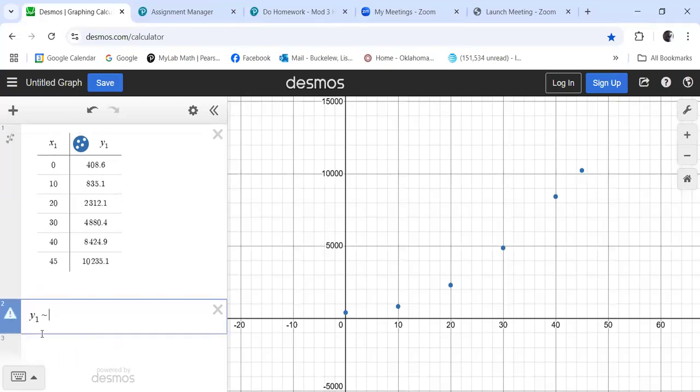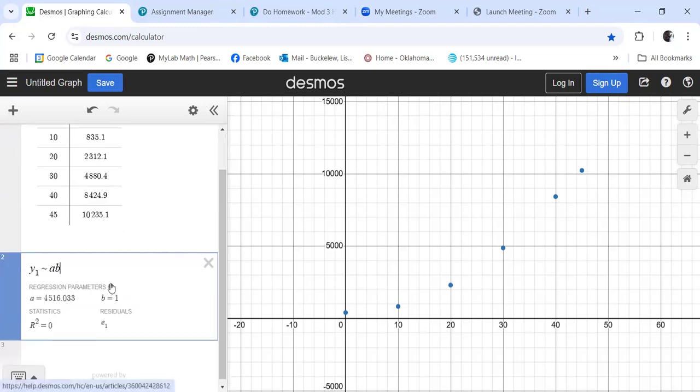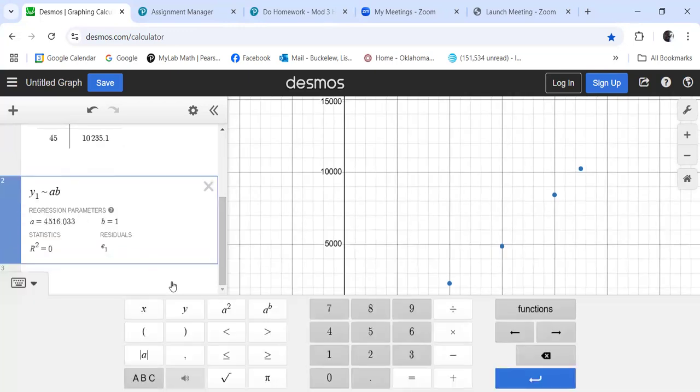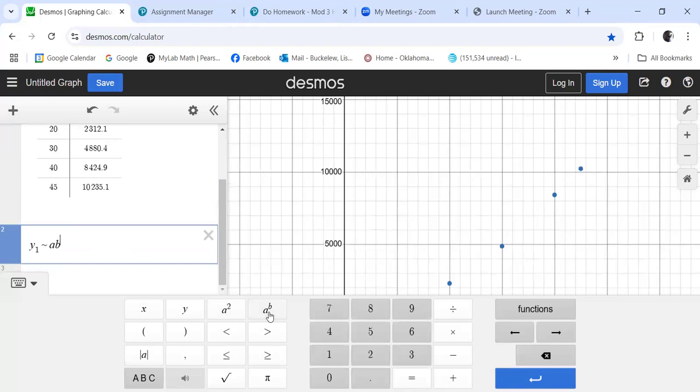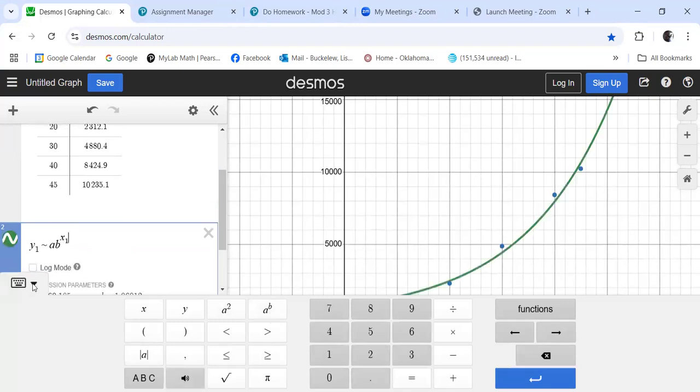So instead of equals, this means we're going to do regression on this table up above. Now for our exponential model, we just always use A times B to the X. I'm going to put my exponent here, to the X, and I'm going to use X1 there.